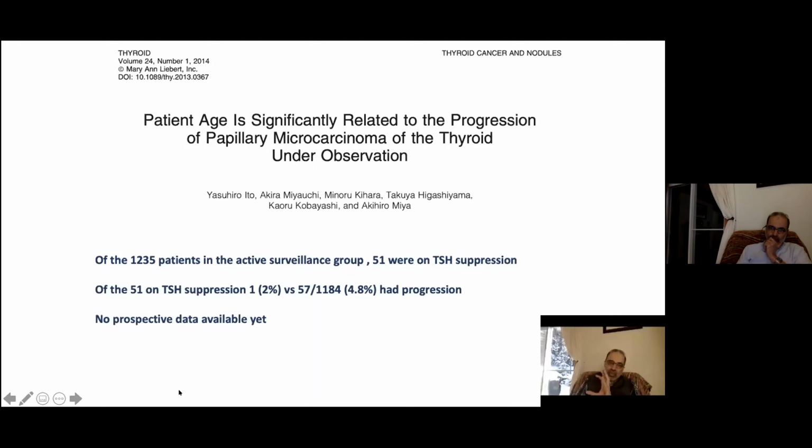So there is a hint that it might be useful, but I think proper studies need to be done, and we are currently in the process of trying to do it.